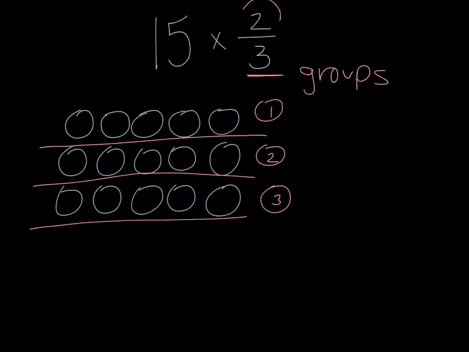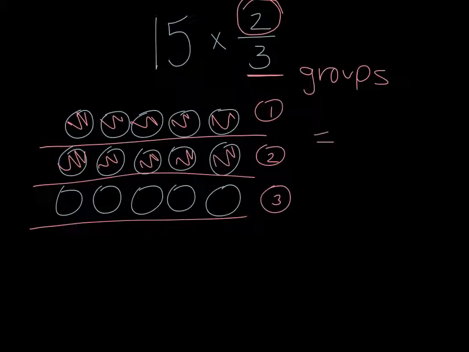The numerator tells me how many groups I want to look at. So I want to look at 2 out of the 3 groups. Group 1 had 5 objects. And if I count the second group, I get a total of 10 objects. So 15 times 2/3 is equal to 10.